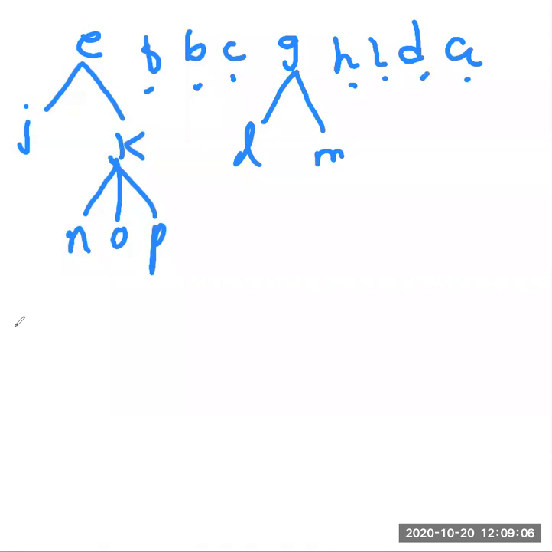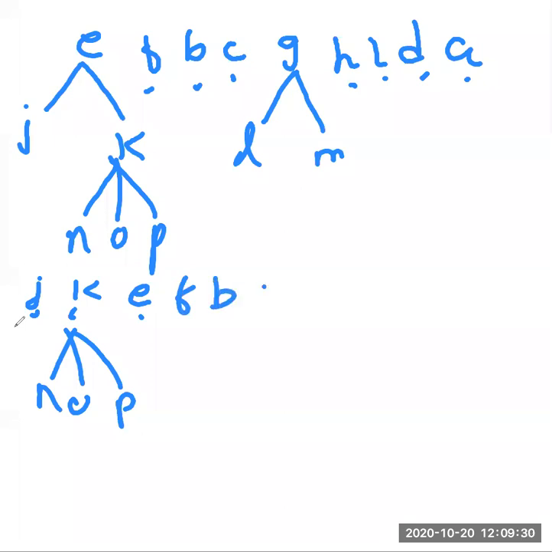Now apply the same logic to E. So E will be split as the first left subtree J, then the next right subtree K, N, O, P. Then E itself, post order, so root last, F, B, C.